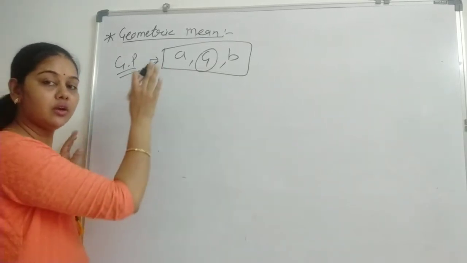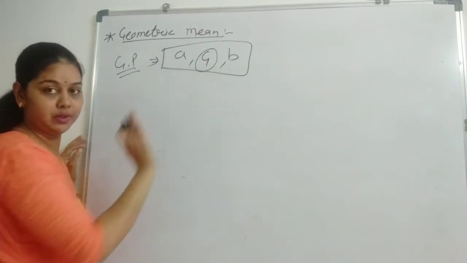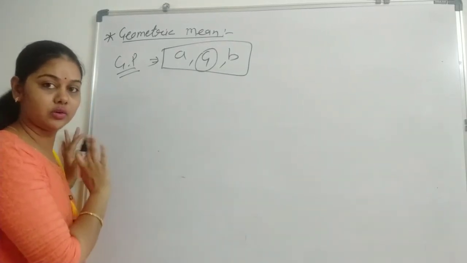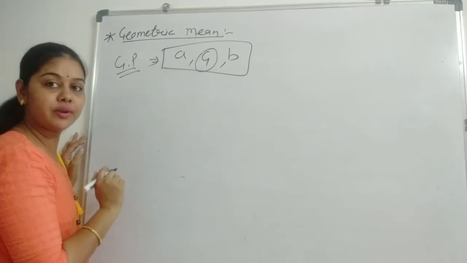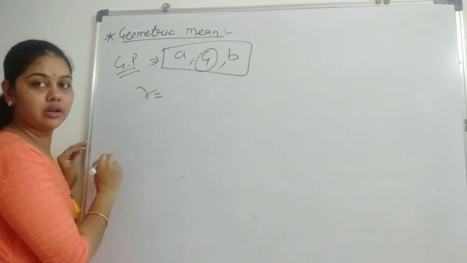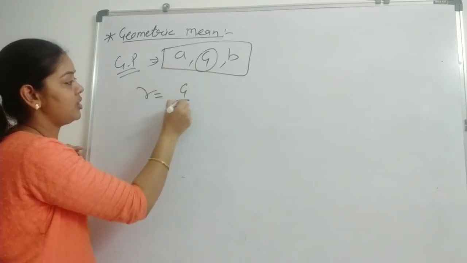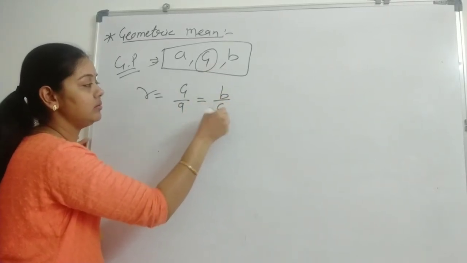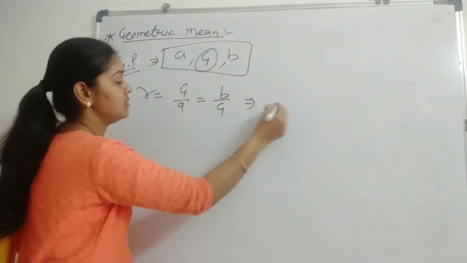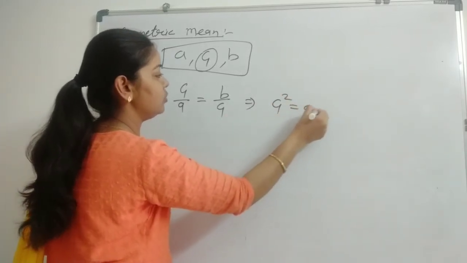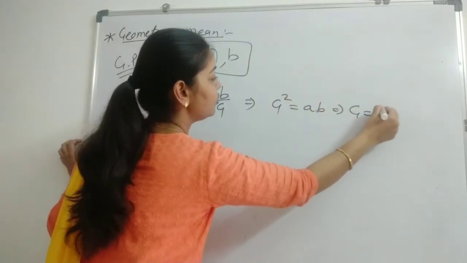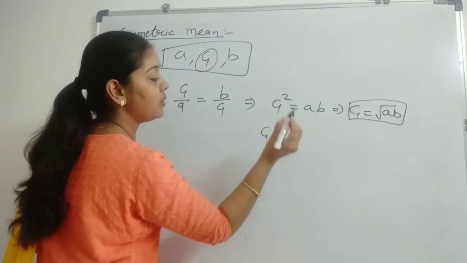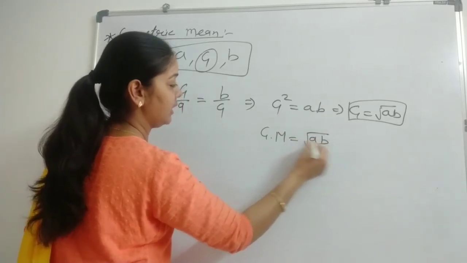I am inserting a term between a and b such that all these terms are in geometric progression. Since they are in GP, the common ratio r I can find like this: G upon a, second term upon first term, or third term upon second term. It means G square will be equal to ab, G will be equal to root of ab. It means geometric mean will be equal to root of ab.